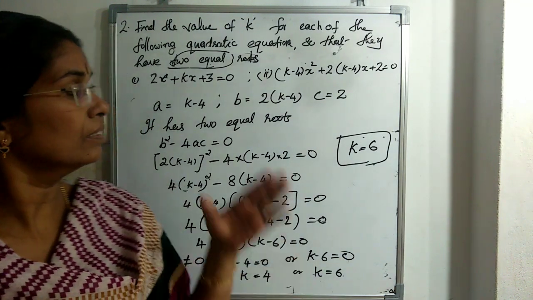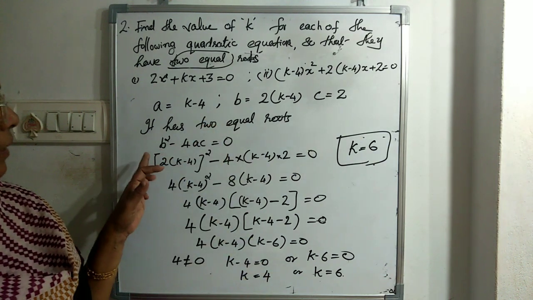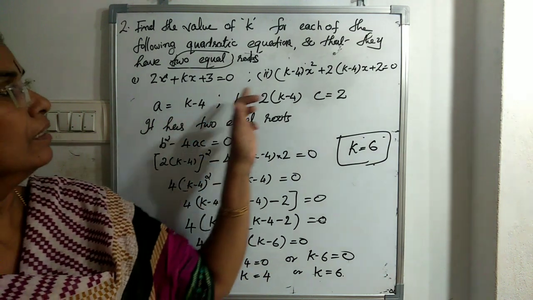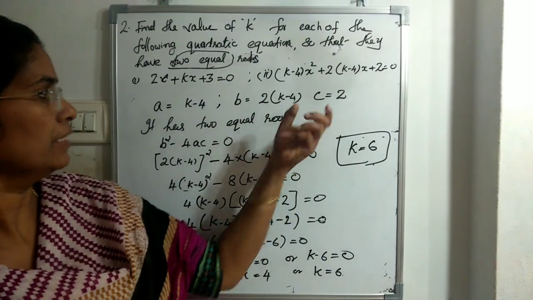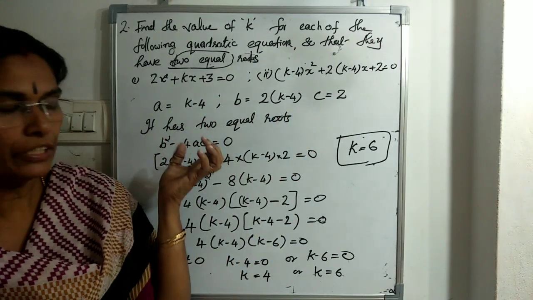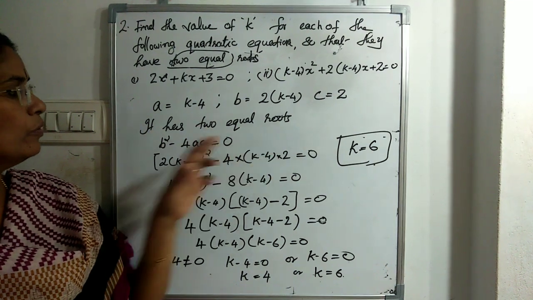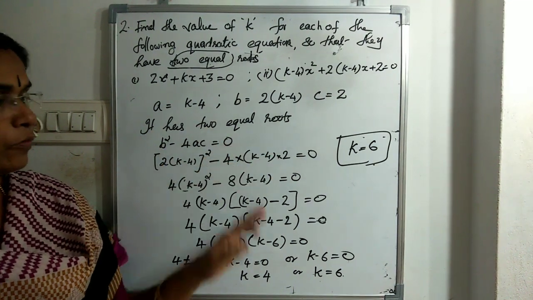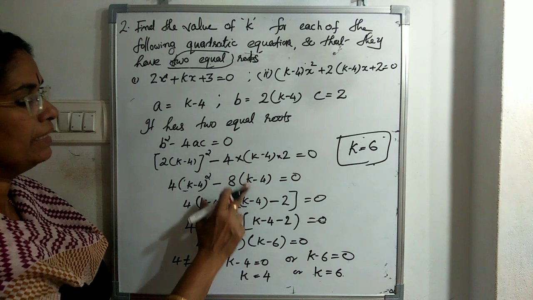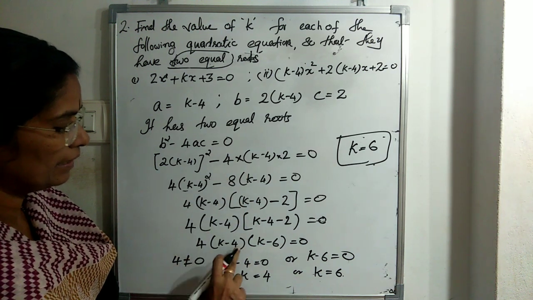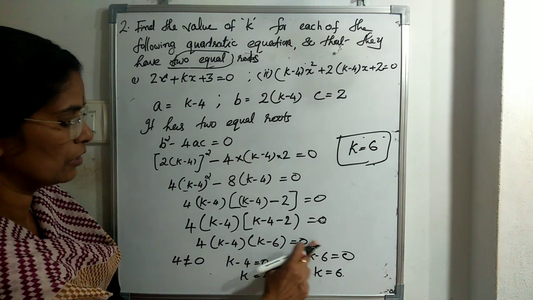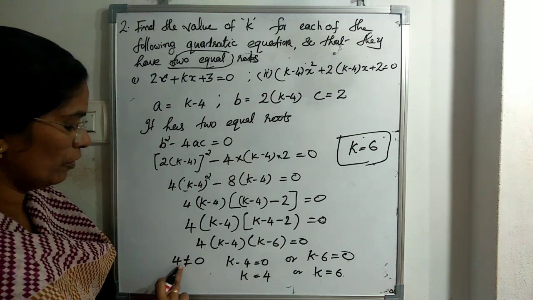Clear? Okay. One more time. First you have to check the equation and write a, b, c from this equation. After that, you have to write the condition. It has two equal roots. So b square minus 4ac equal to 0. And applying the values and finding the value of k. There are three terms, but this term is never 0, so we can write 4 not equal to 0.